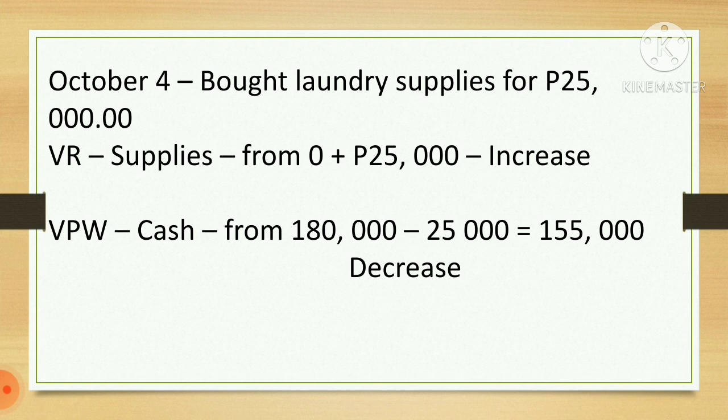Second transaction. On October 4, the company bought laundry supplies for 25,000 pesos. So same with our scenario in a store. So when the business went to a store and purchased laundry supplies, what did the business receive? What is the value received? The value received is or are supplies. Does the company already have supplies? No. So initially, the supplies of the company is 0.